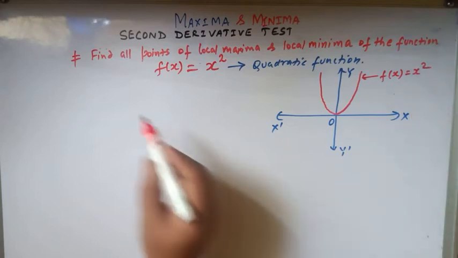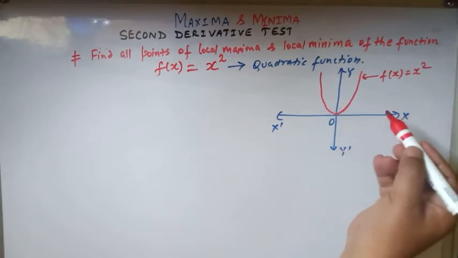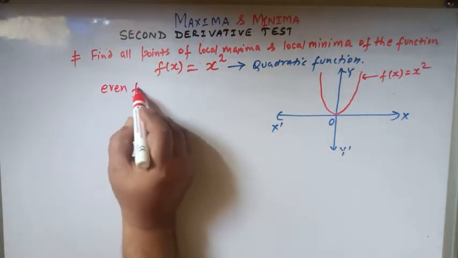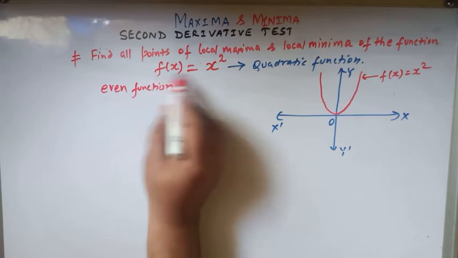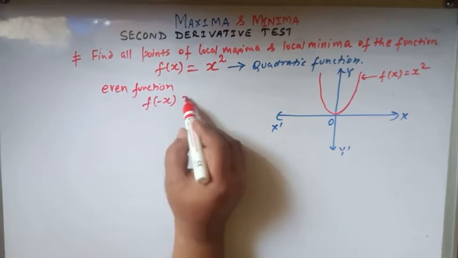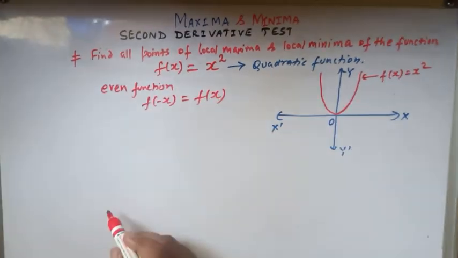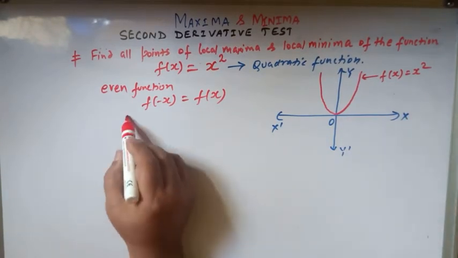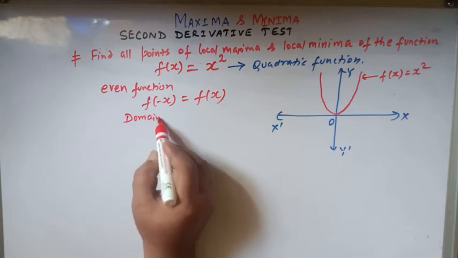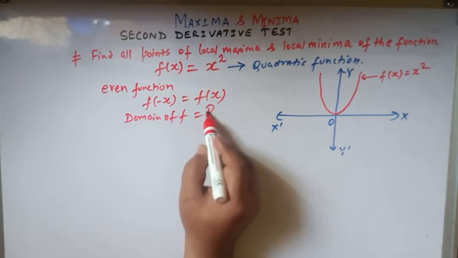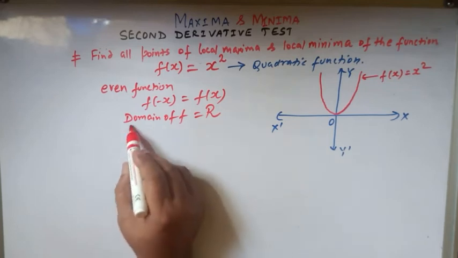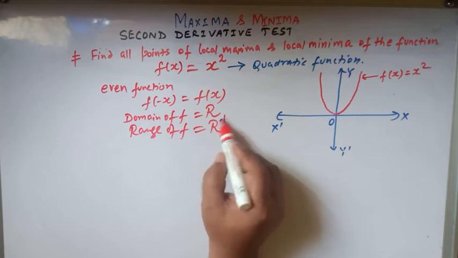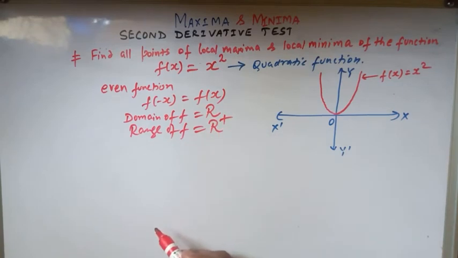Okay, now this function is an even function. Why? Because f of minus x is equal to f of x, and the domain of f is the set of all real numbers, but the range of f is only the non-negative real numbers.